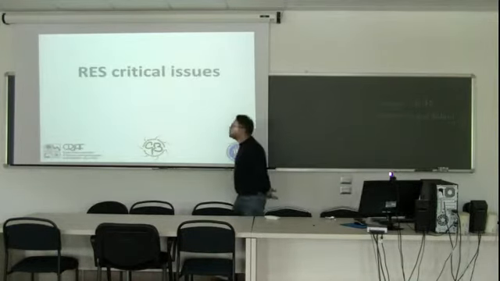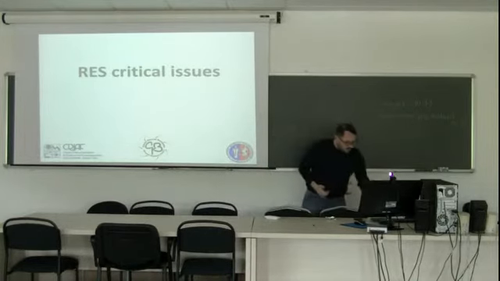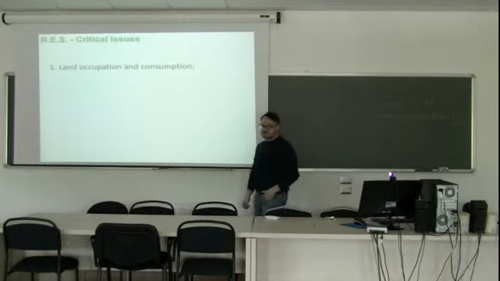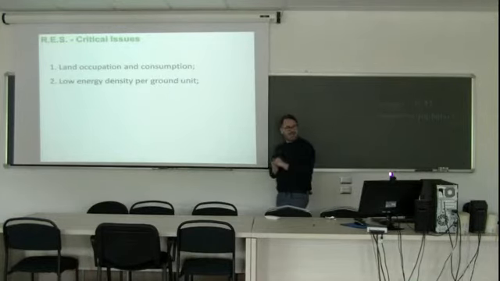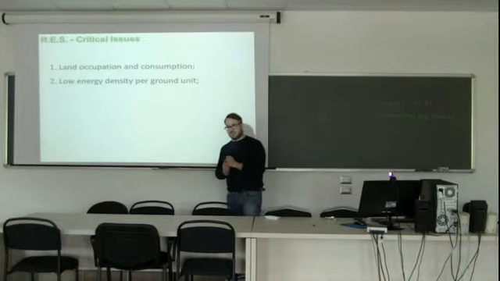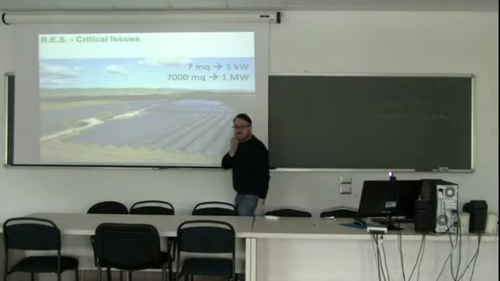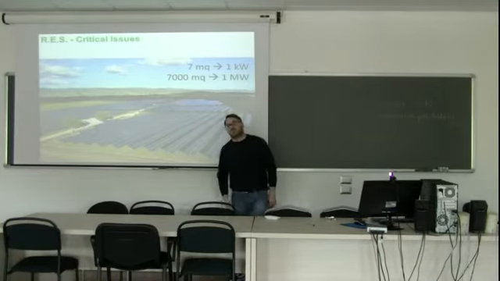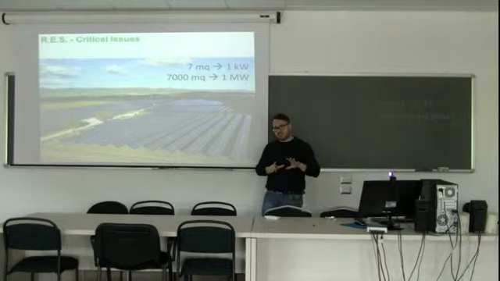What are the critical issues of renewable energy sources? I made a list of the critical issues. The first one is the land occupation and consumption. This critical issue comes from a low energy density per ground unit. For example, if we have a solar plant, like a photovoltaic plant, for 1 kilowatt of power, we need 7 square meters.